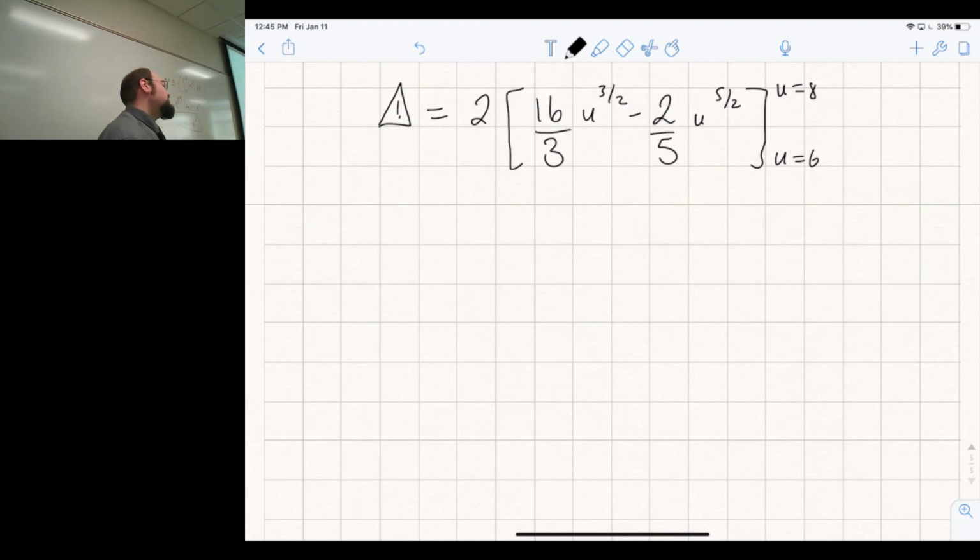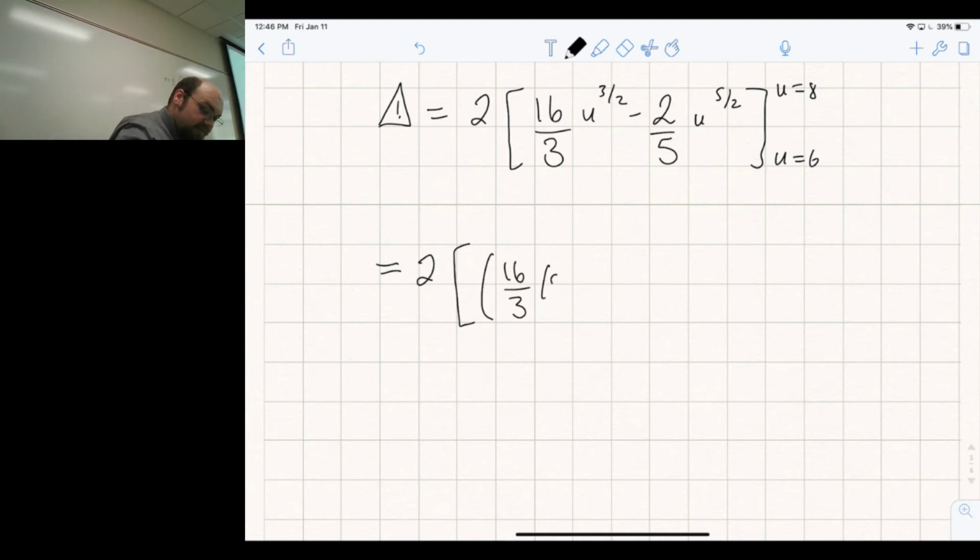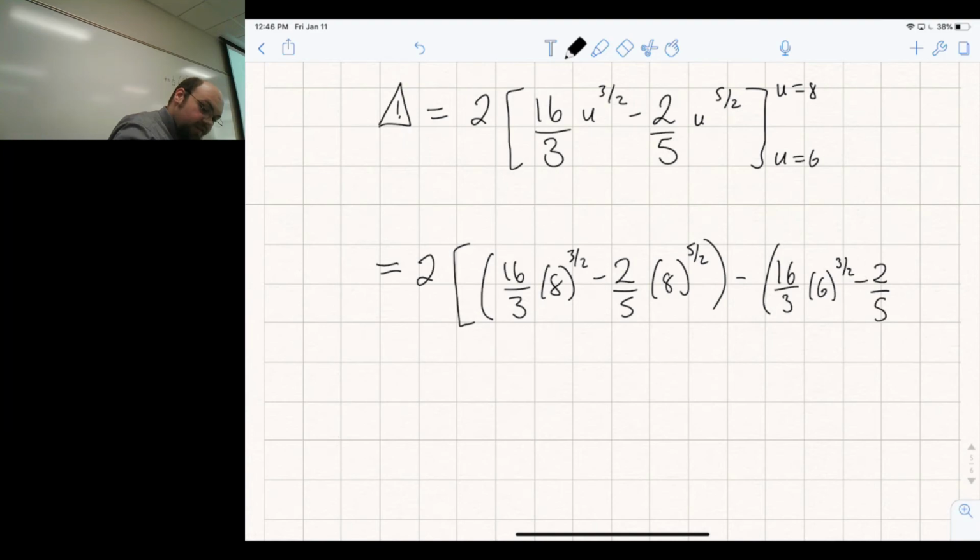Now, this is not pretty. The answer to this is some awful irrational number. So we would just write this as 2 times 16/3 times 8 to the 3 halves minus 2 fifths times 8 to the 5 halves, minus 16/3 times 6 to the 3 halves minus 2 fifths times 6 to the 5 halves.